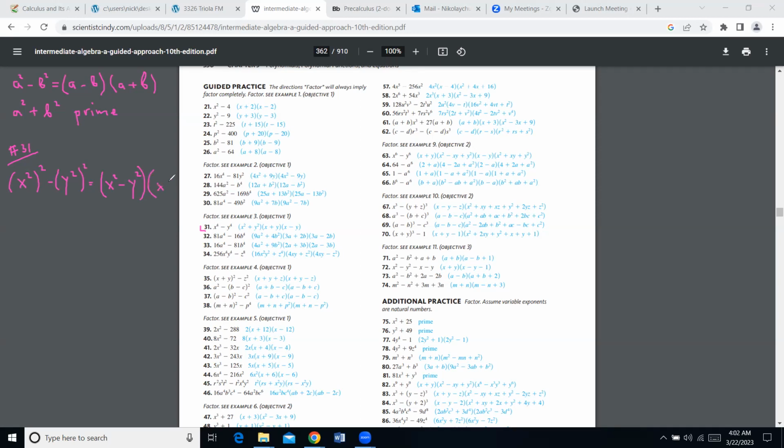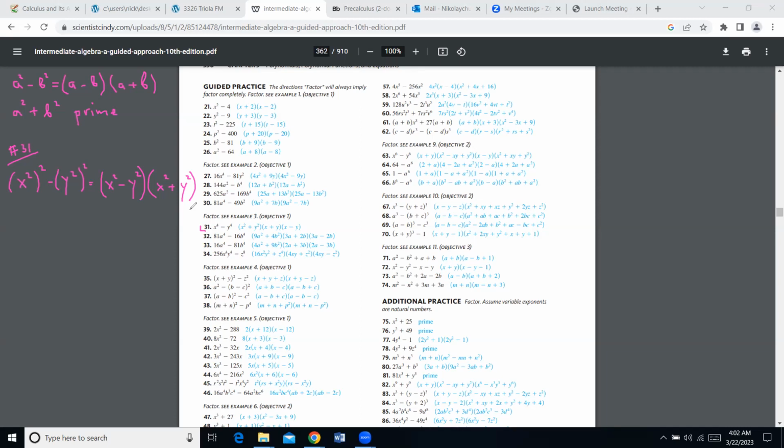So I could write this as x squared minus y squared multiplied by x squared plus y squared. This way we can factor fourth powers by turning them into squares, right?